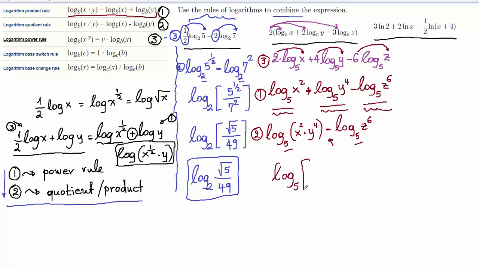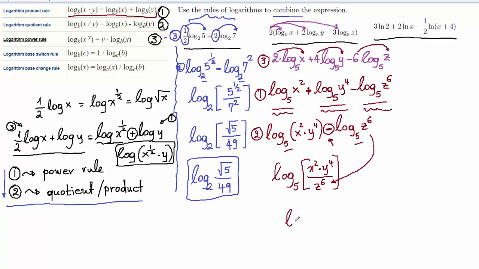And inside my argument, the numerator is going to be the first argument, and the denominator will be the argument of the logarithm that I subtract from the first one, z to the 6th. So anything that is after the minus will go at the denominator right here. And that will be my argument.